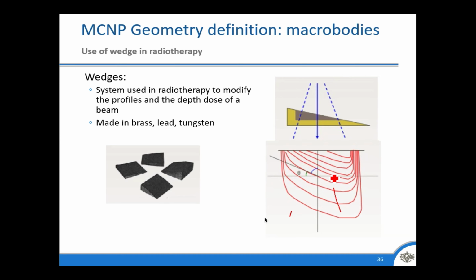And so in using that kind of things, as you can see, you can modify the shape of the isodose.